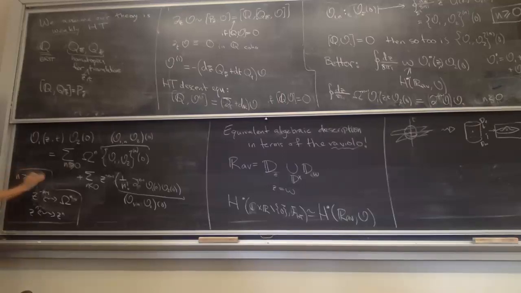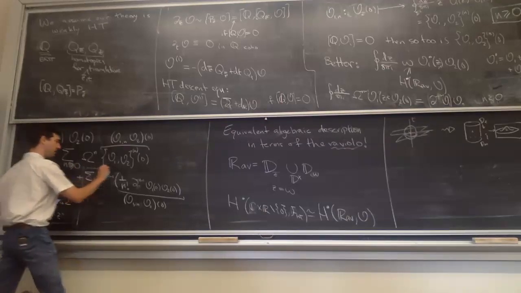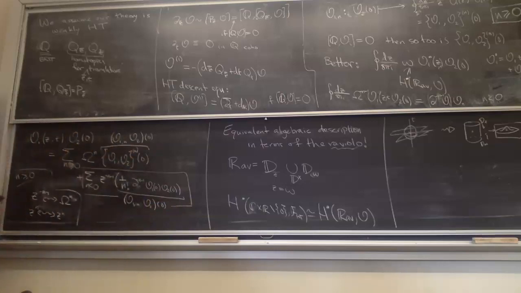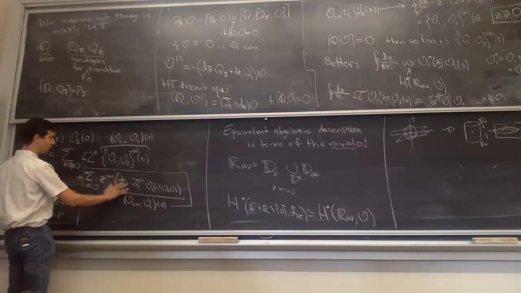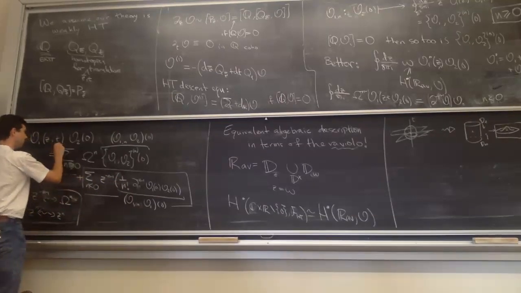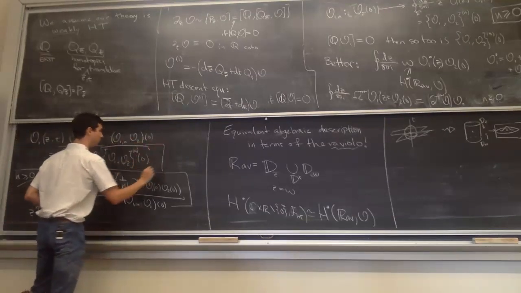So what we have, just to reiterate, this term right here encodes the usual operator product expansion that we talked about before. This is the thing that's not got any poles whatsoever. This is the genuine physical operator product expansion. This term here is a little bit more.